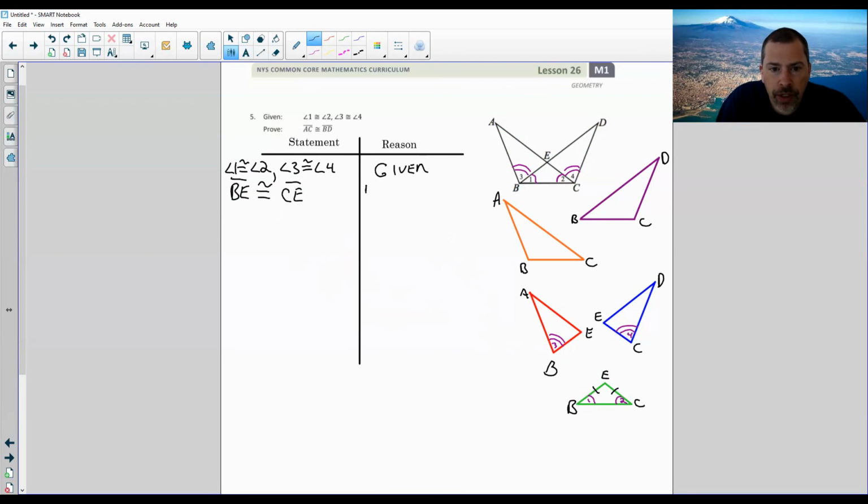When two angles of a triangle are congruent, then it's an isosceles triangle, therefore opposite sides are congruent.